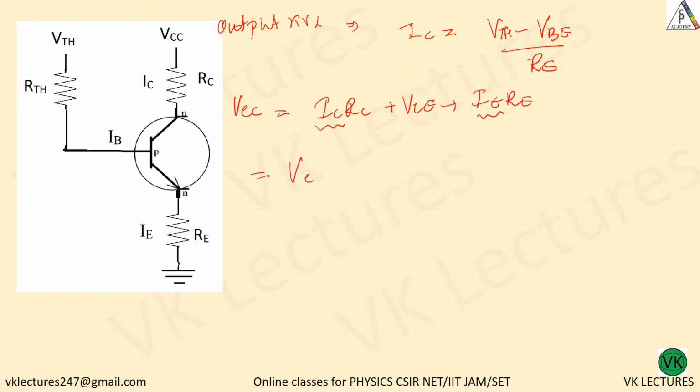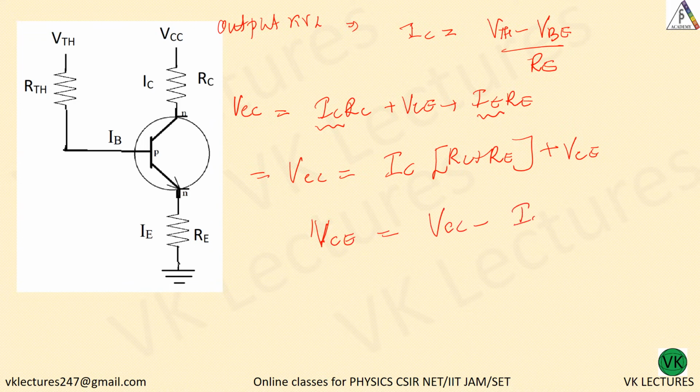So VCC equal to IC into (RC plus RE) plus VCE. Now what is VCE? VCE equal to VCC minus IC into (RC plus RE). Now IC is nothing but this value.